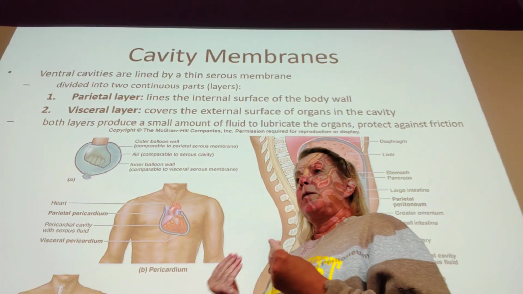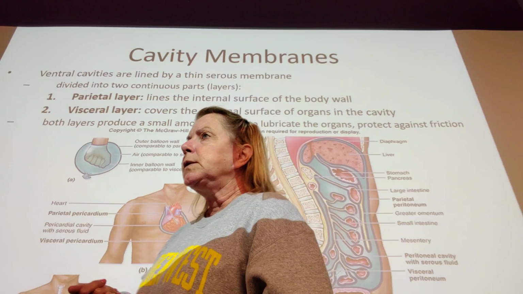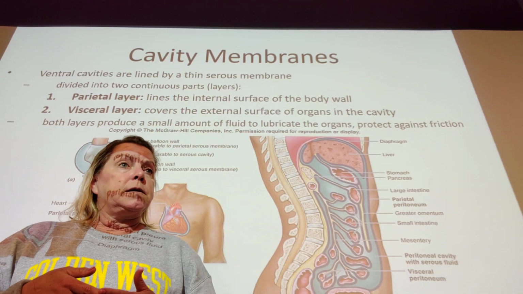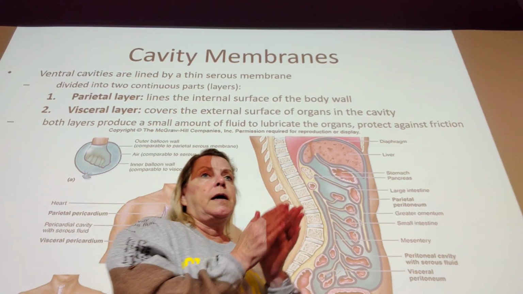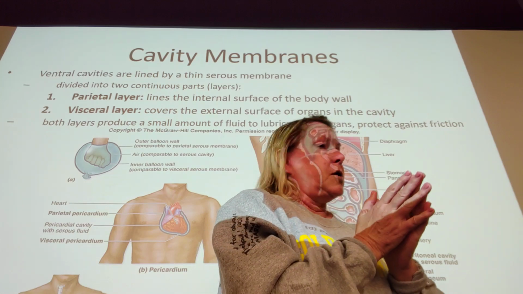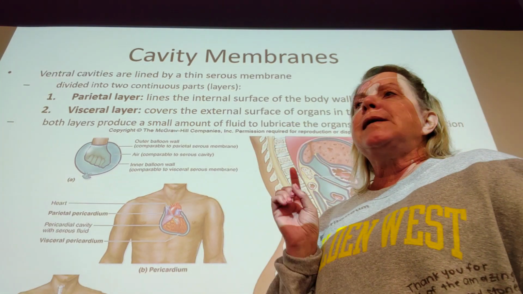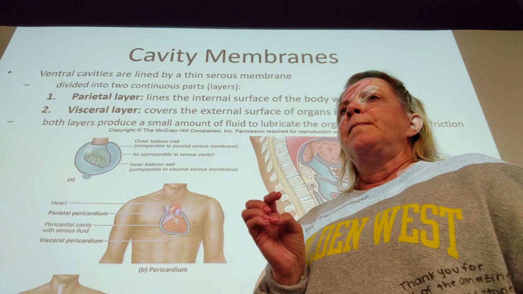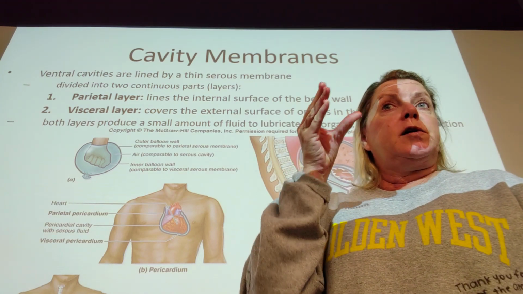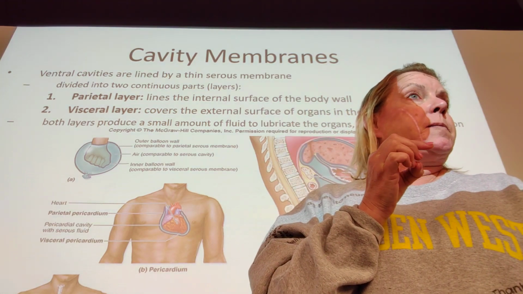The fluid that they make, the lubricating fluid, is found in the cavity, a slit-like space. It's not very large. However, these membranes can get inflamed, and that means more fluid accumulates in that space.